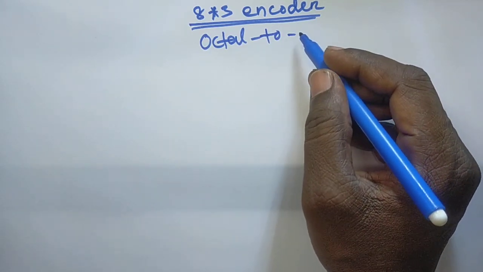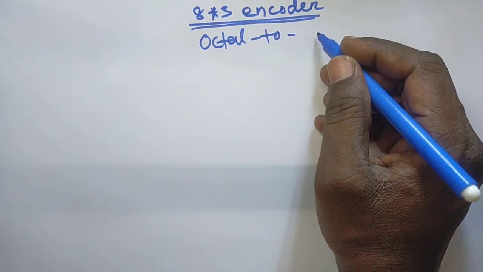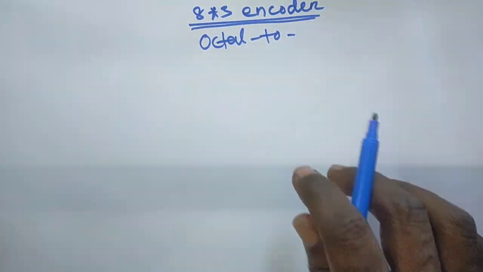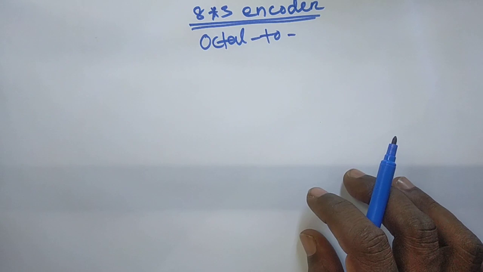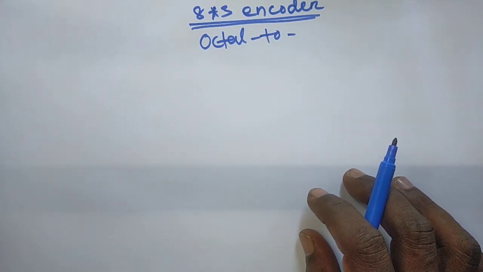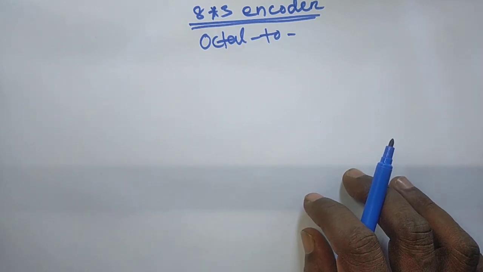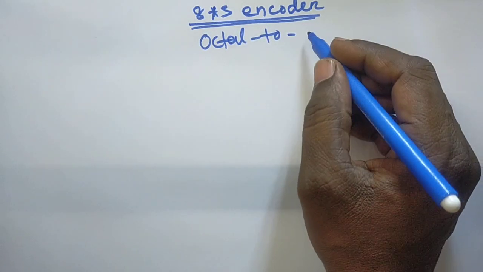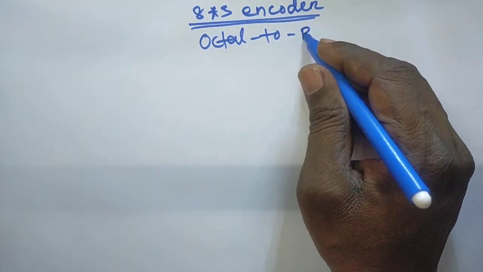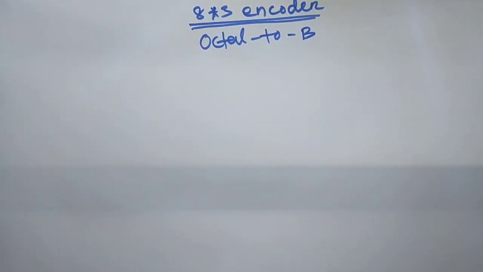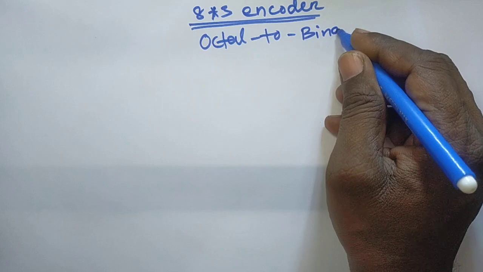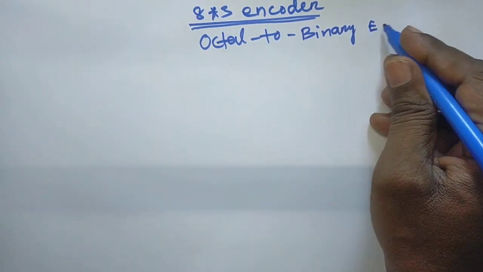Octal to binary encoder. Actually binary is 2 digits, but the actual name is 8 to 3 encoder. This is also called the octal to binary encoder.